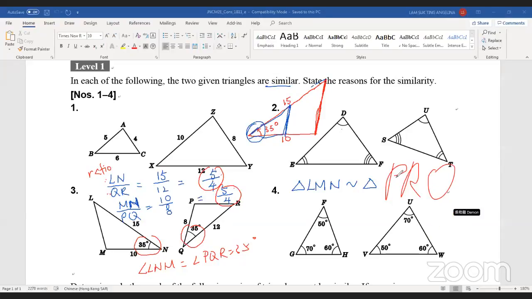PRQ, L, this angle corresponds to P. Do you think so? If you write in this way, PRQ, then in this case, look at the two triangles. Which angles should be in pairs?